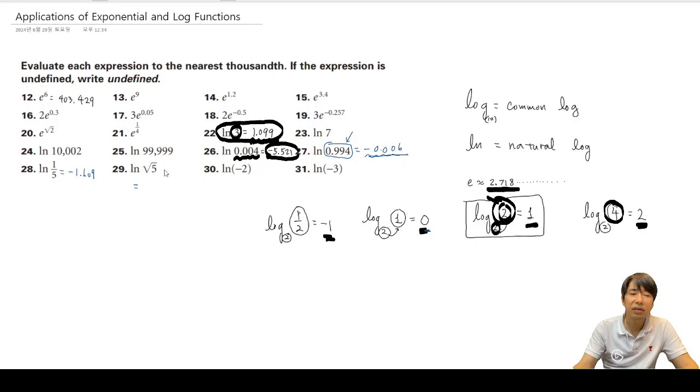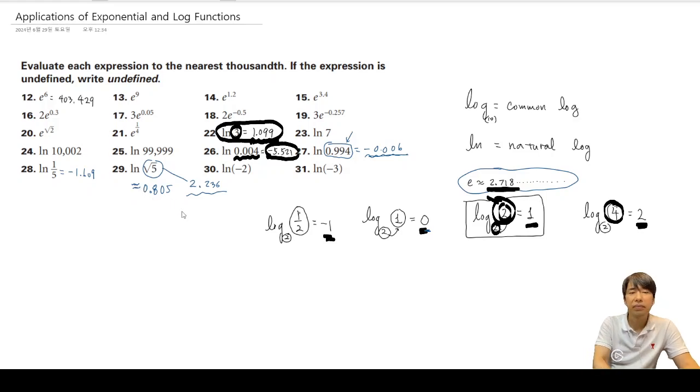The square root of 5 is 2.236, which is less than 2.718, so you're going to get a number less than 1. ln square root of 5 is exactly 0.8047189562, but we have to round it to the nearest thousandth, so it's approximately 0.805.